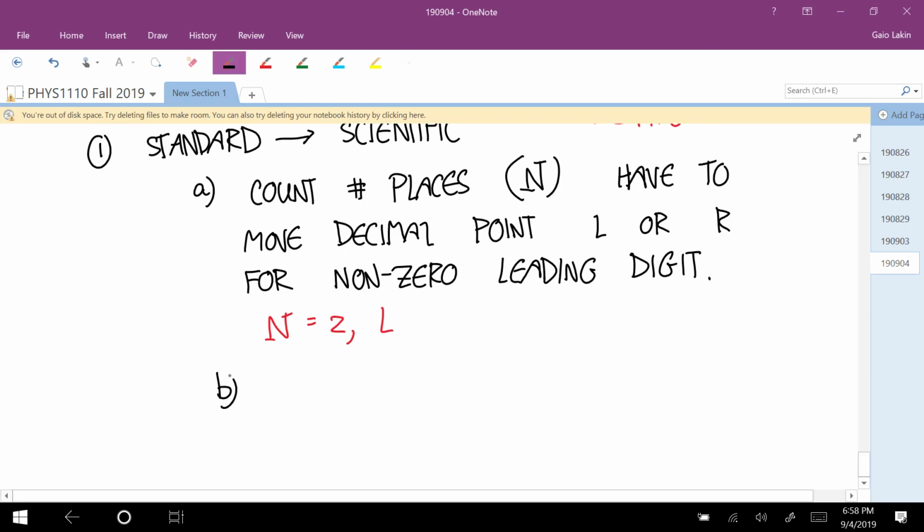And once you've done that, if you went to the left, then you're going to have times 10 to the positive n. And if you move to the right, you're going to have times 10 to the negative n.